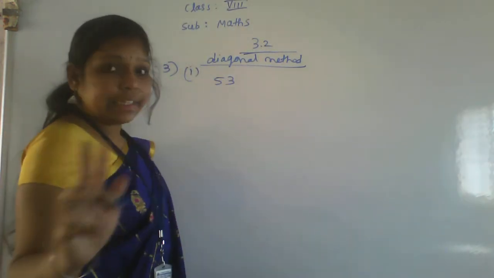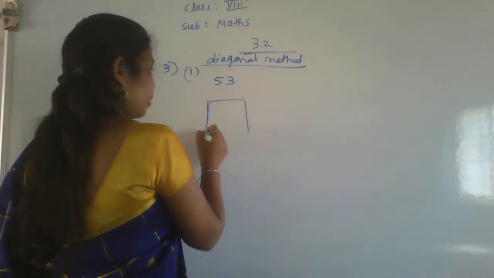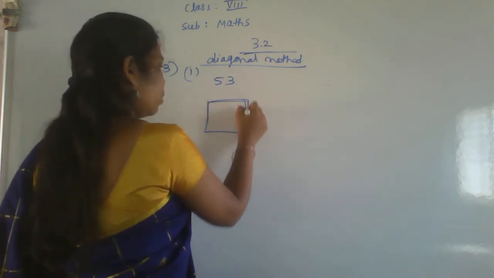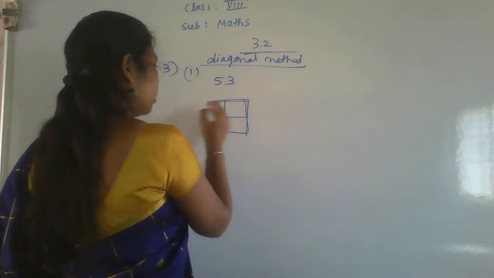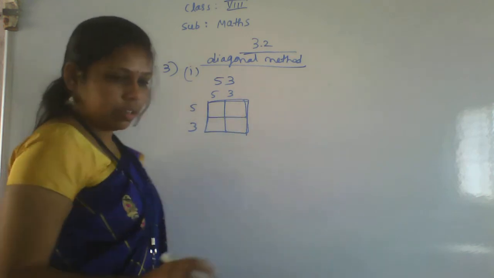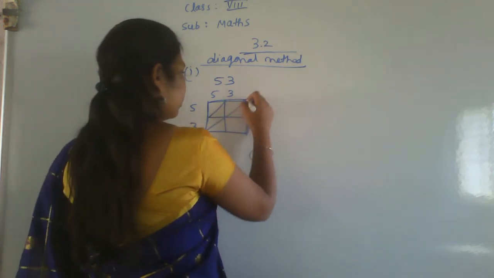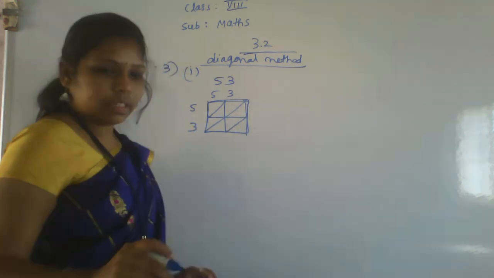Only two numbers are there, means you have to take only two rows and two columns. Here 5 3 and here also 5 3. Okay. Next make the diagonal entries like this.